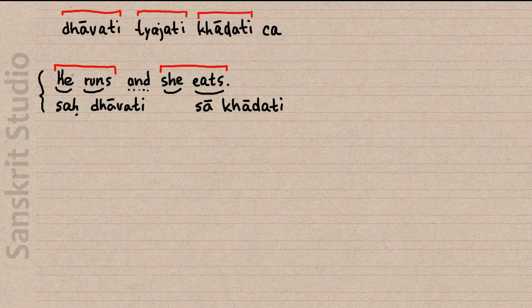Now we're connecting two separate phrases. So then the rule is somewhat different. And the rule then is that the "and" word, the cha, should be placed after the first word in the second phrase here. It should be placed here.